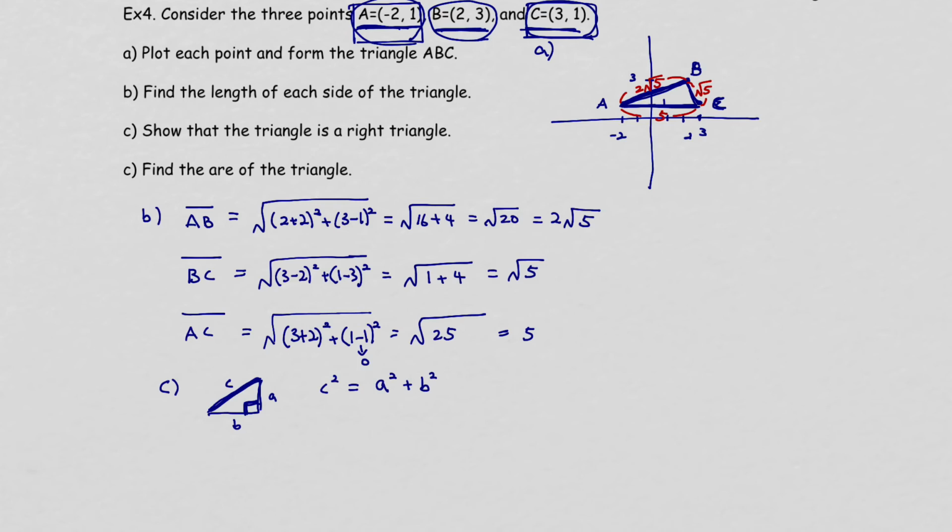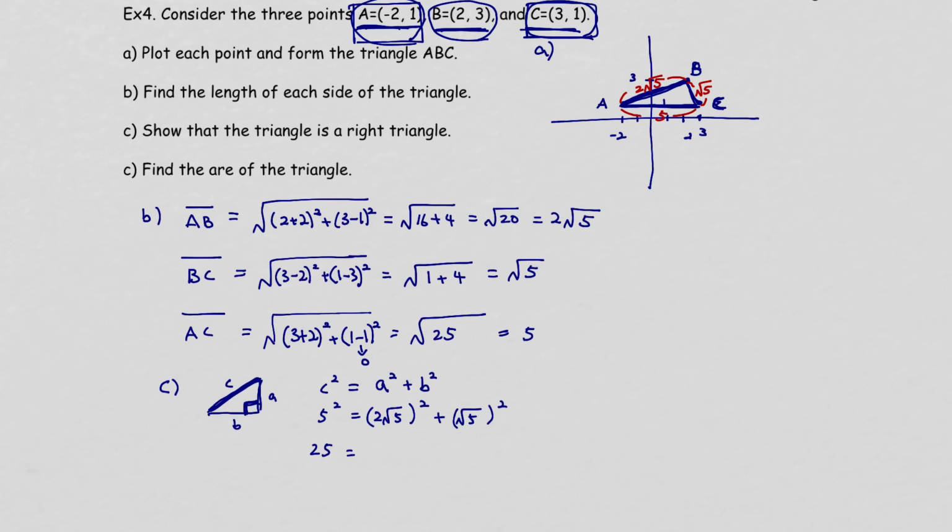If we try that, because we know all the things, we can figure this out. So C, the hypotenuse, the longest length, will be 5. For the other sides, it doesn't matter which one, so just use 2 square root of 5 squared plus square root of 5 squared. It should come up with 25, right?